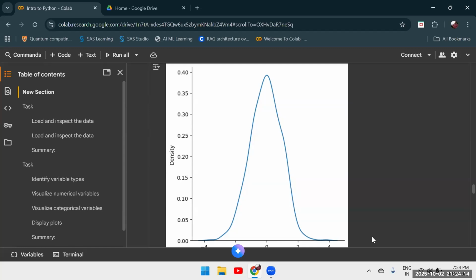So I get to see a lot of information, and with this information I'll be able to do many things. Hence, I'm making use of the normal distribution.